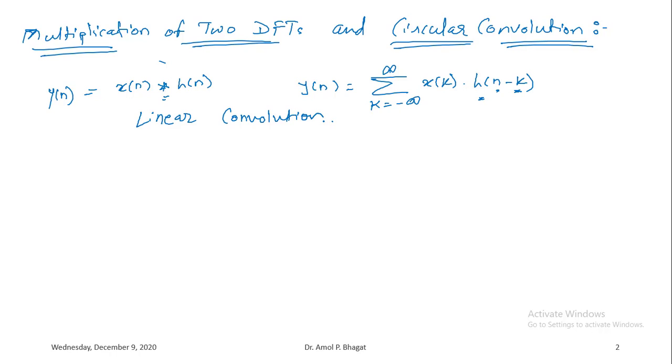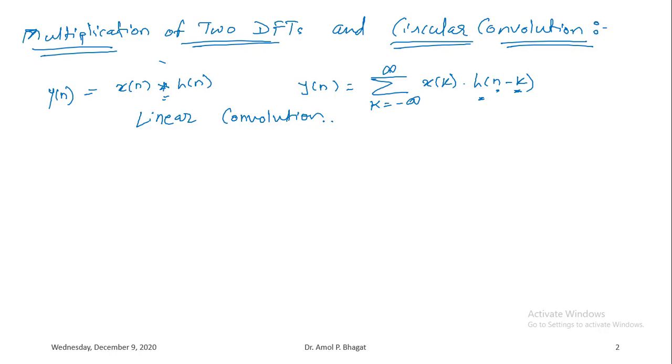convolution. So in case of circular convolution in the discrete Fourier transform, it corresponds to the multiplication of two DFTs, right?